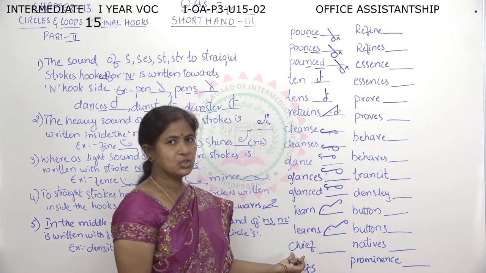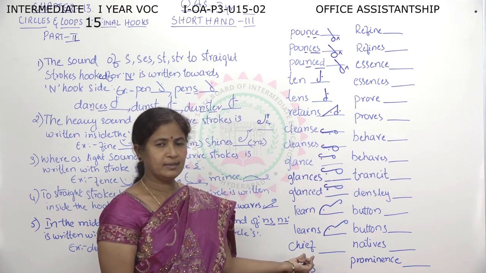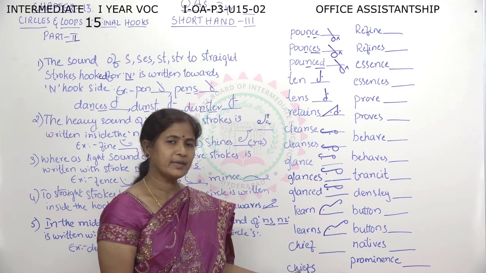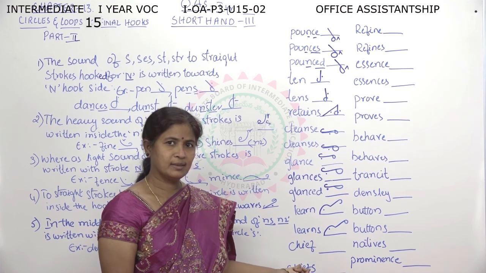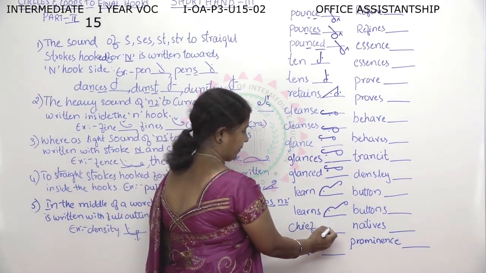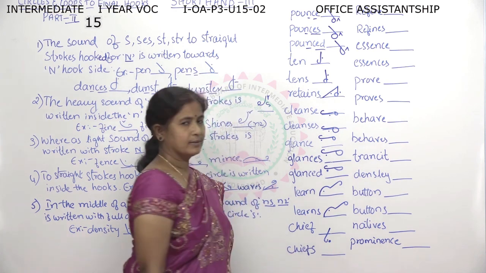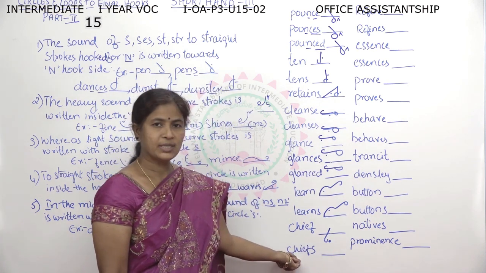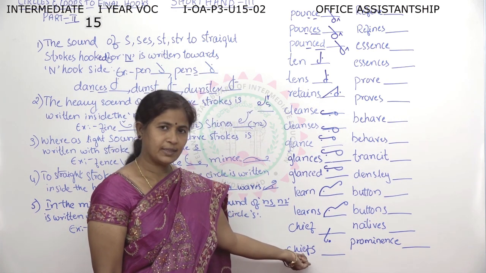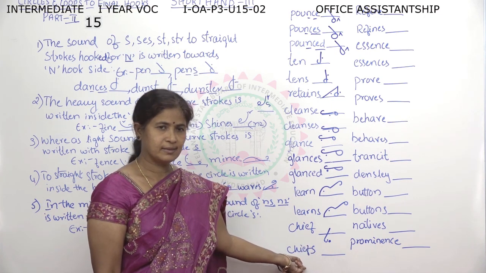Learns. Chief. How do we write chief? J and F hook. How do we write F hook to straight strokes? With left motion. J and F. Chiefs: after F, the sound of S is coming. How do we turn S?